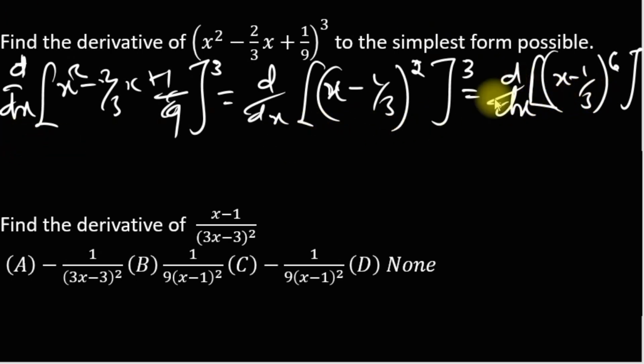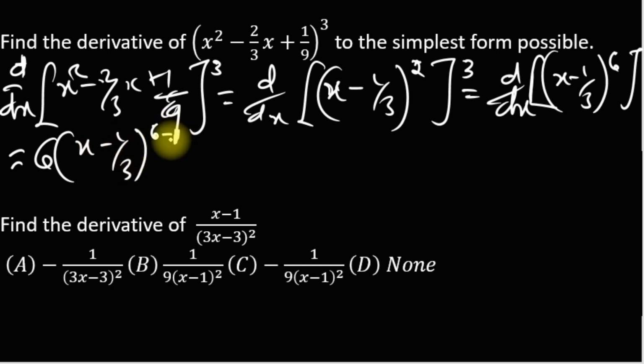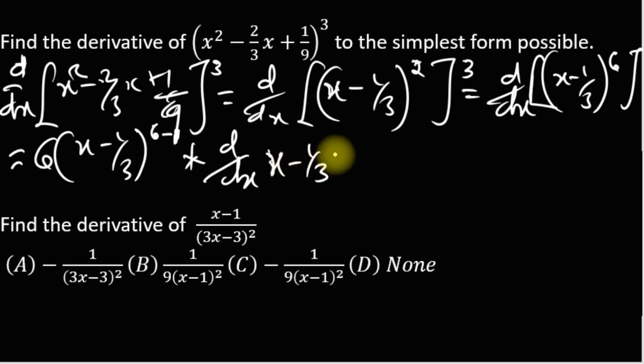So this is the same thing as we differentiate this thing, which is equal to 6 times x minus 1 over 3 to the power 6 minus 1, times the derivative of inside, which is x minus 1 over 3. So you differentiate as if you are using power rule: 6 times this, 6 minus 1, times derivative. If you could remember our power rule.